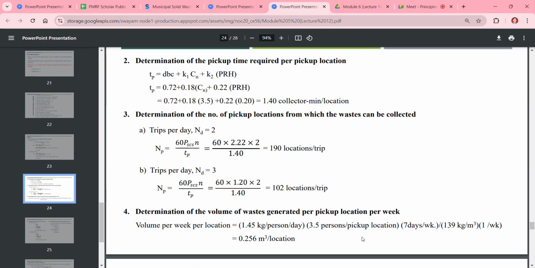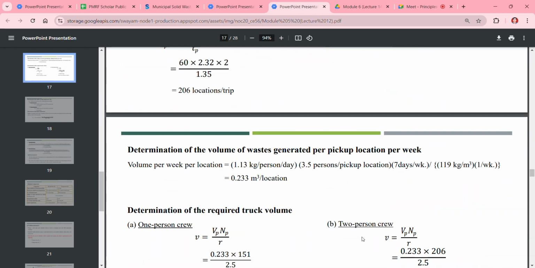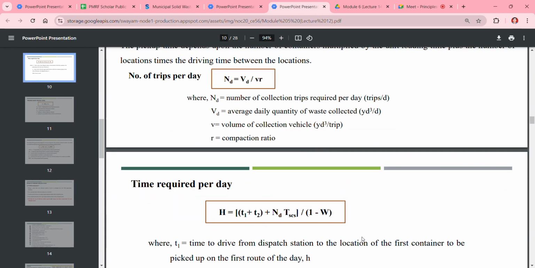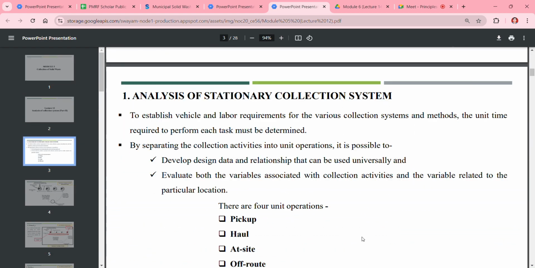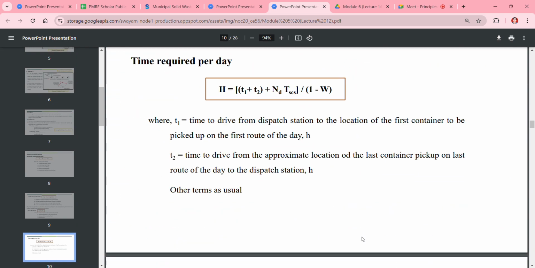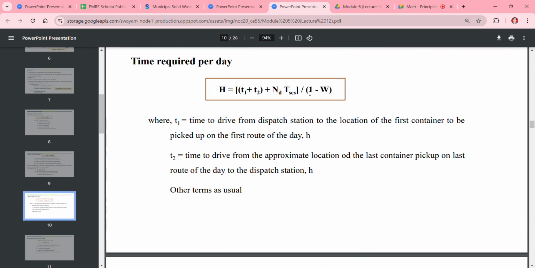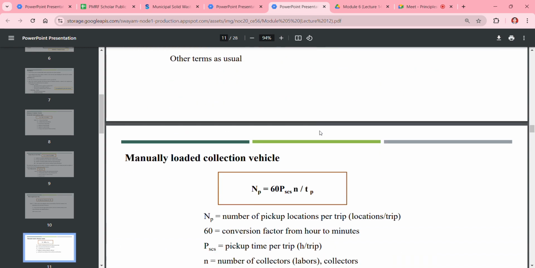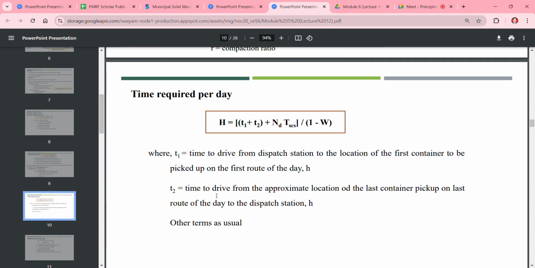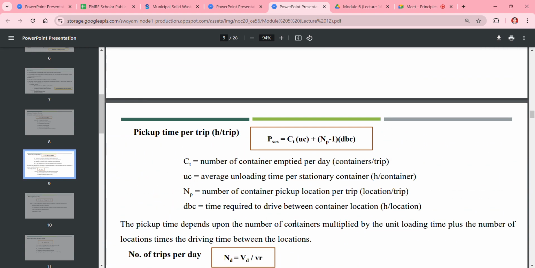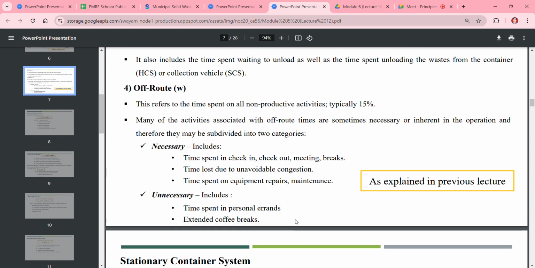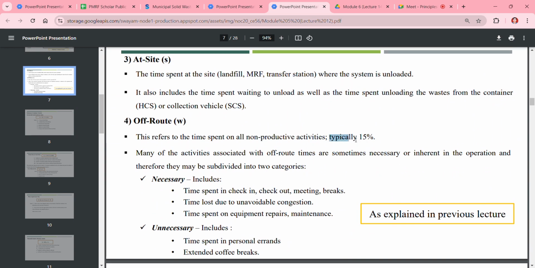When we were talking about offsite, we had talked about a factor of 0.15 somewhere. That is considered as W, I think. Yes, this is the time required per day, 1 minus W, and T1, T2. Where is this W? Yes, off the route, typically 15%. Okay, that 15% we have taken into consideration.